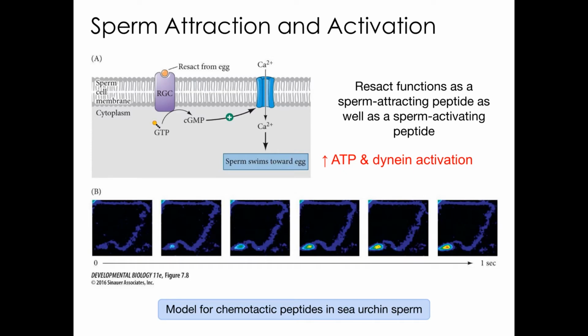As a result of the opening of these CatSper channels, calcium flows into the cell, and that leads to an increase in the synthesis of ATP in the mitochondria and the activation of the motor protein dynein, which is located in the flagella. So this actually helps to improve the motility of the sperm further.